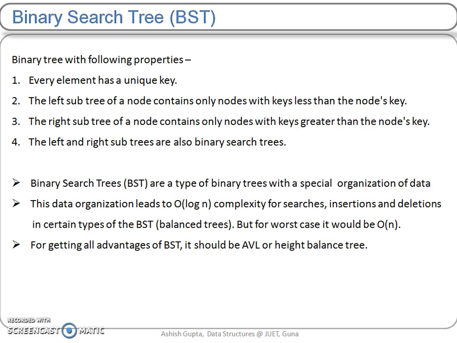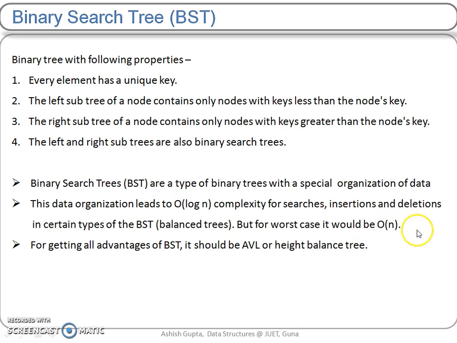All the nodes could have only a right child, so it would be a right skewed tree, and if all the nodes have only a left child, then it would be a left skewed tree. In both left skewed and right skewed trees, if you try to insert a new node, delete a node, or search a node, all of them would take order of n time.